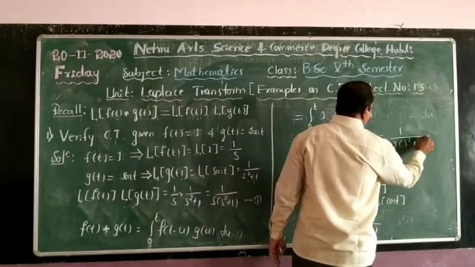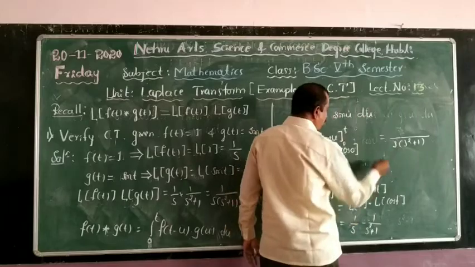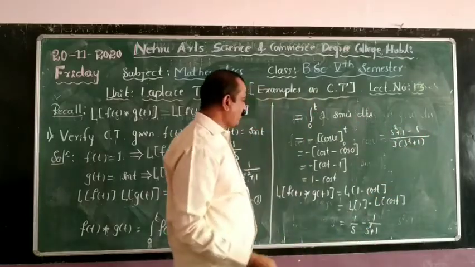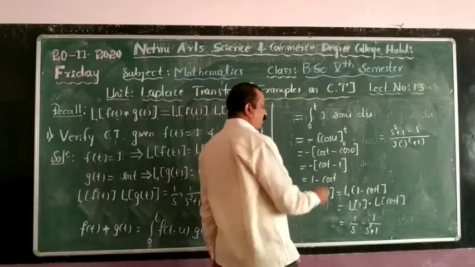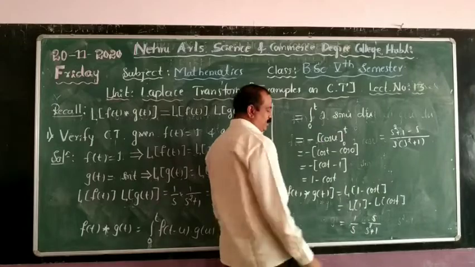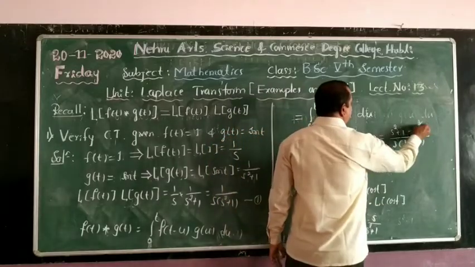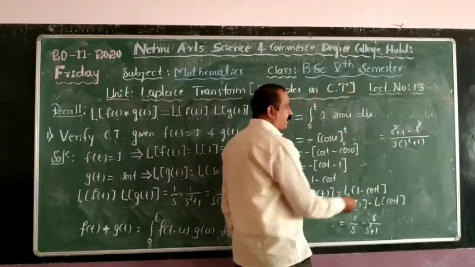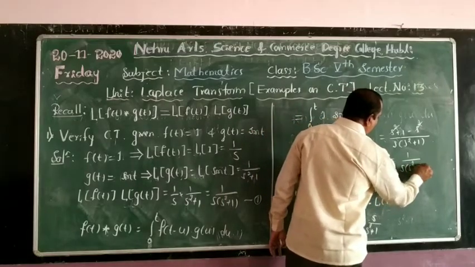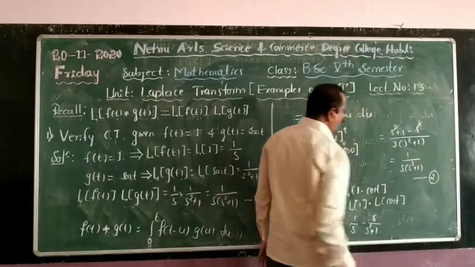Taking the LCM, s into s square plus 1, it is 1 by s minus s by s square plus 1. Taking LCM, s square plus 1 minus s square, s square cancels. We have 1 upon s into s square plus 1.